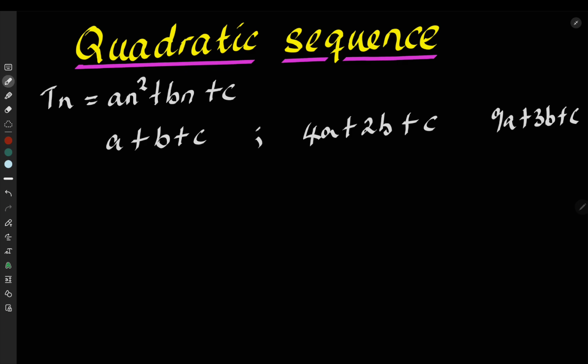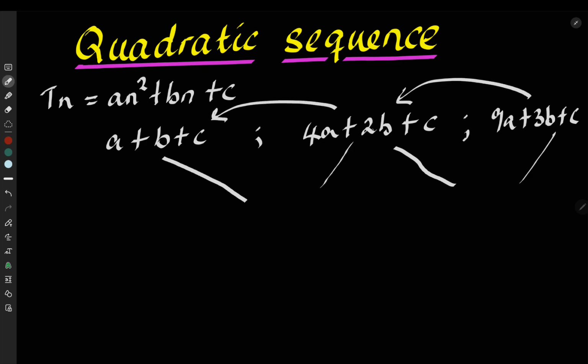So we want to find the first common difference between this term and that term, and also this term and that term. Remember, to do the common difference, you always say the succeeding term minus the previous term, not the other way around. Otherwise, you get a negative.